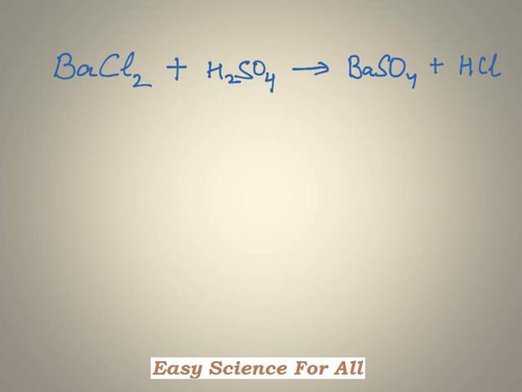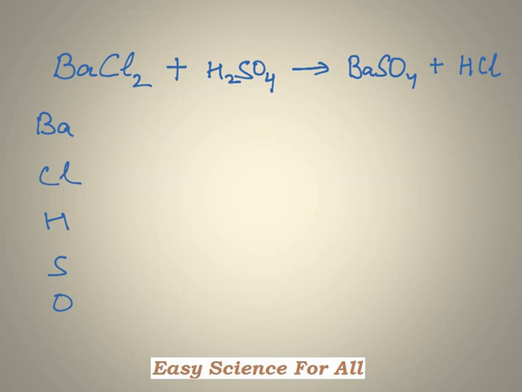First step in hit and trial method is to list all the different elements which are taking part in the chemical reaction. In this given equation, barium, chlorine, hydrogen, sulfur and oxygen elements are present.